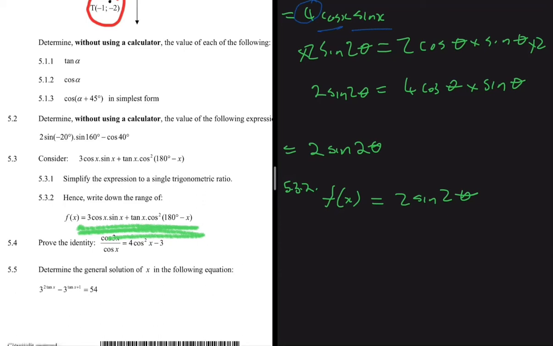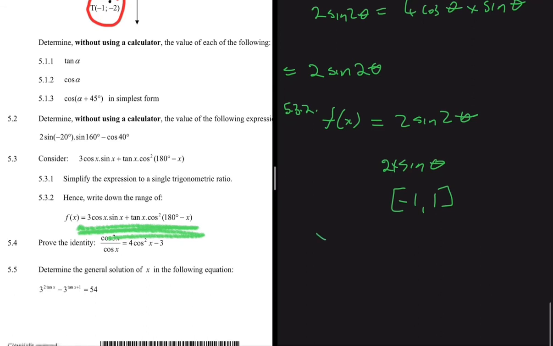We know that the range of sine theta is -1 up to 1. If you multiply by 2 here, then the range will also scale by 2. Its highest point will be 2 and its lowest point will be -2. So here we're going to have a range: y is an element of [-2, 2].